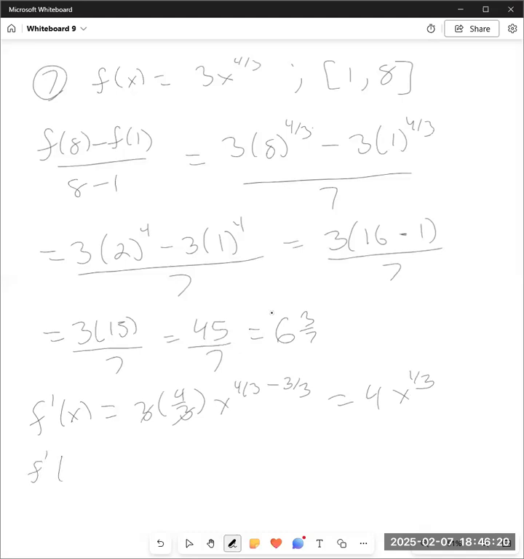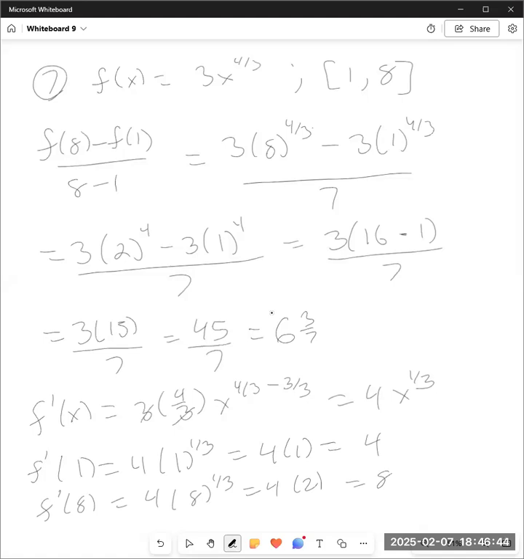F prime of 1 is equal to 4 times 1 to the 1/3. Cube root of 1 is 1. 4 times 1 is 4. F prime of 8 is equal to 4 times 8 to the 1/3 power. The cube root of 8 is 2. 4 times 2 is 8.